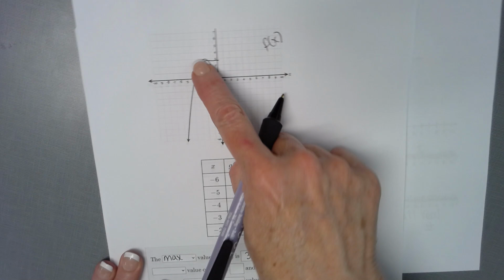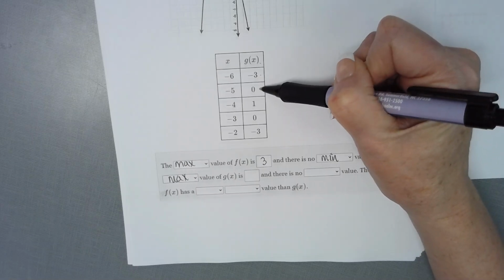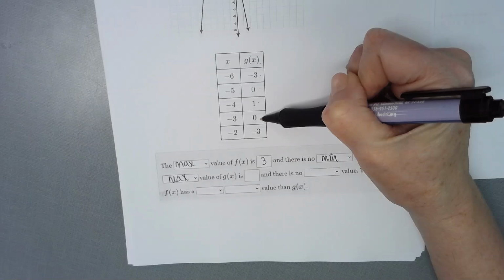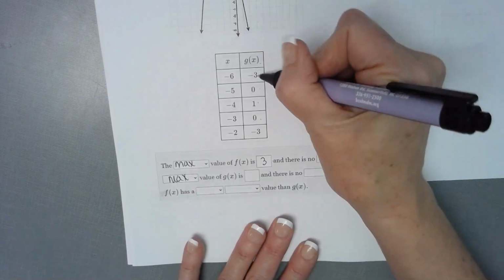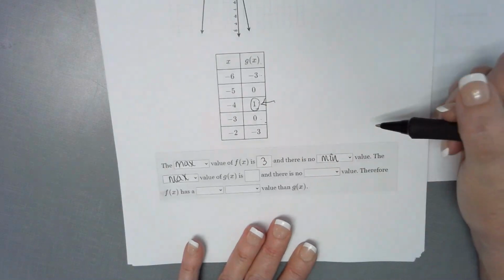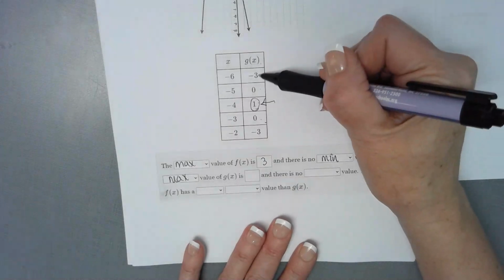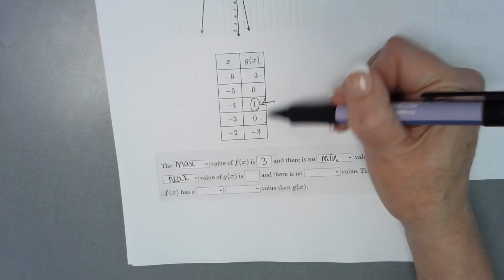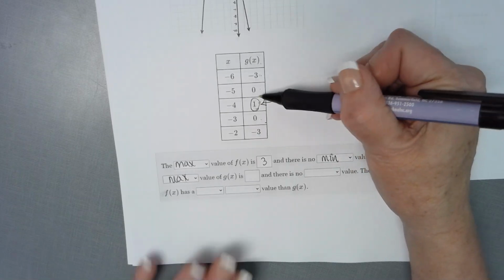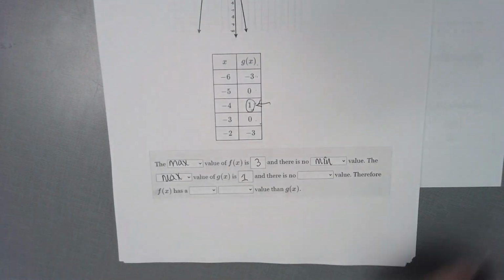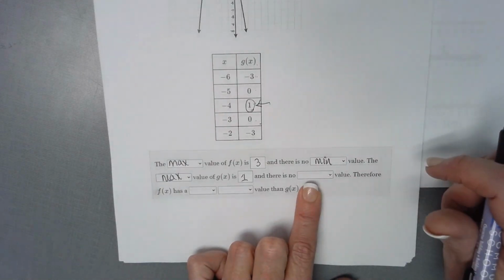We start at -3, then we go up to 0, then we go up to 1, then what happens? It goes back down. So if this is up, up, up, and then down, right there is your maximum value. Notice it's the largest number in that line. So that is going to be 1. And if there's a maximum, there is no minimum.